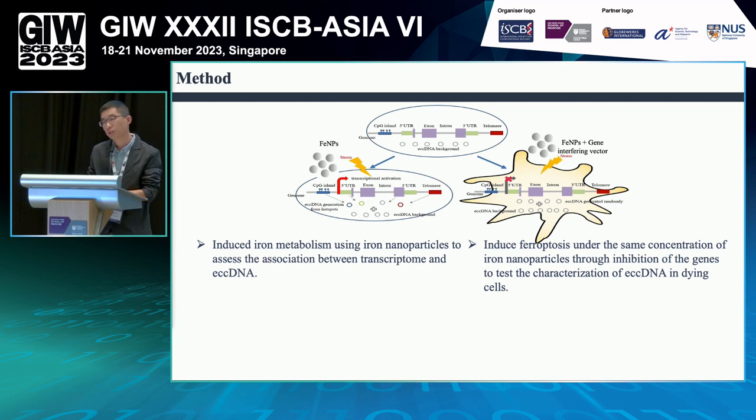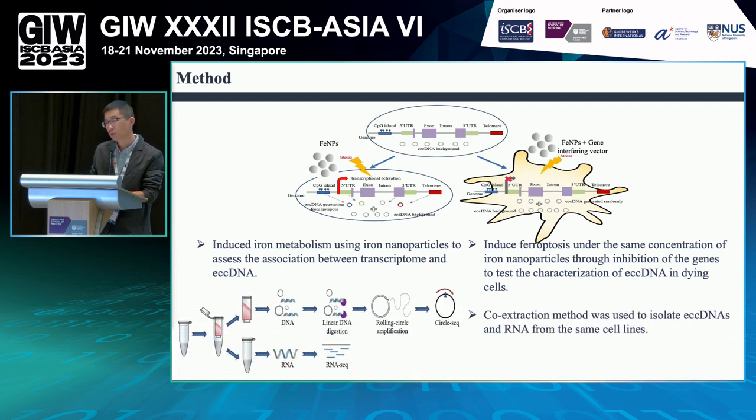We induced IR metabolism using IR nanoparticles, and then, under the same concentration of the IR nanoparticles, we induced ferroptosis using the gene interference method to test the characterization of eccDNA in dying cells.